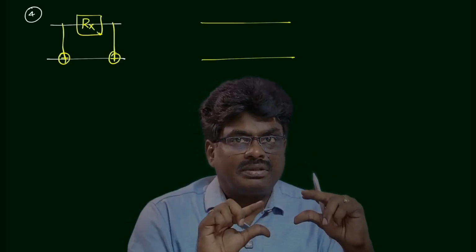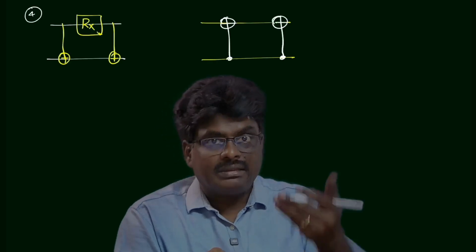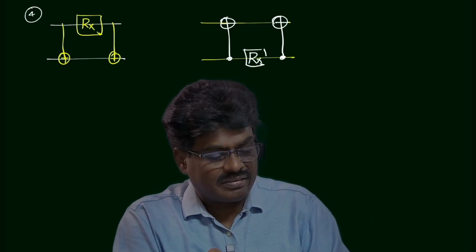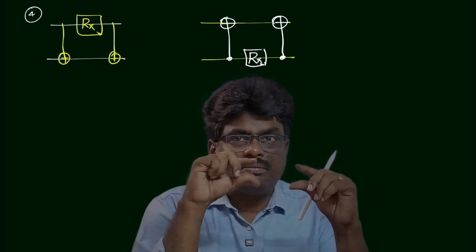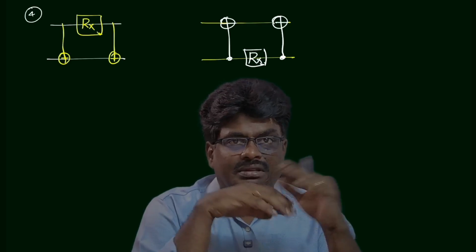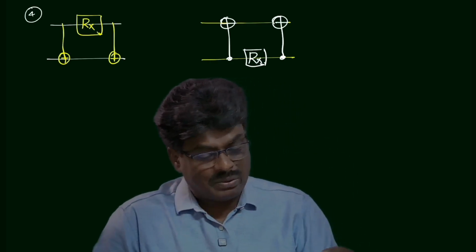And what I am doing is just reverse those two CNOTs. Then that Rx will come to the first, that means here. If you flip the two CNOT gates, that Rx is coming down. So let us check whether these are equivalent or not by using our technique.